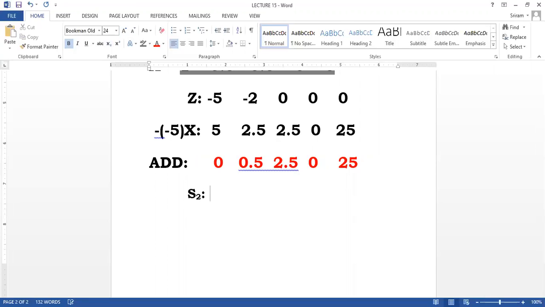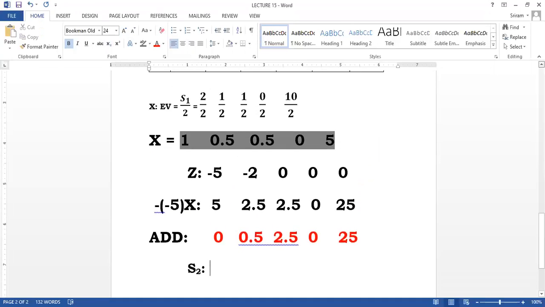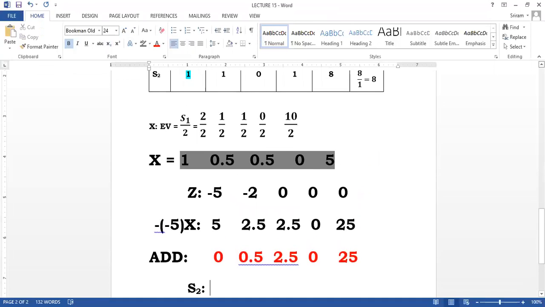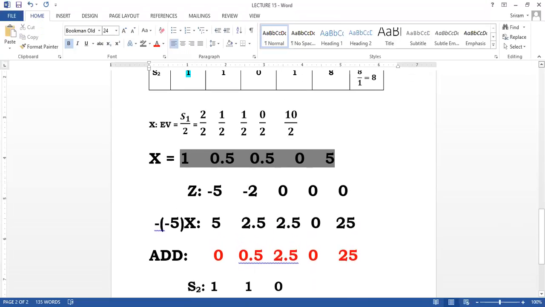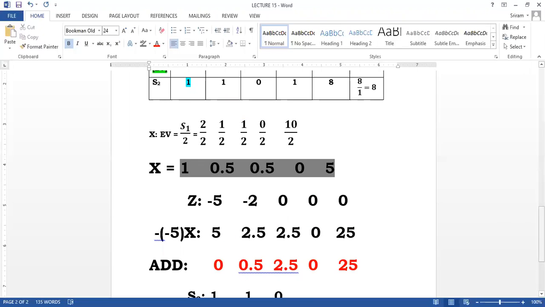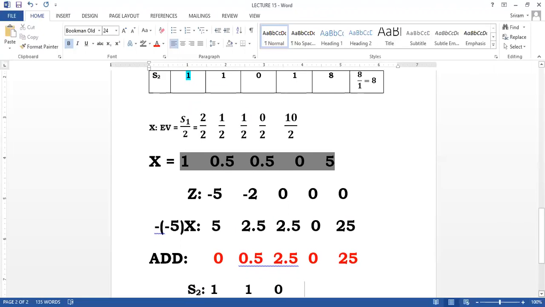When I check, the value of S2 is 1, 1, 0, 1 and 8.